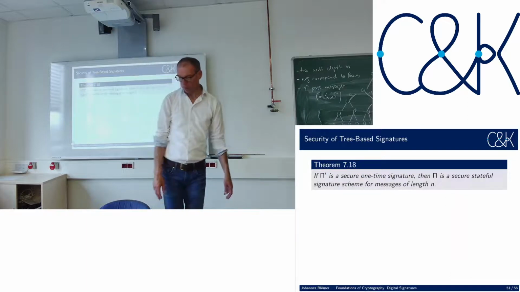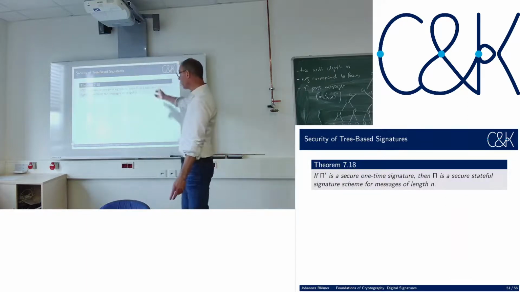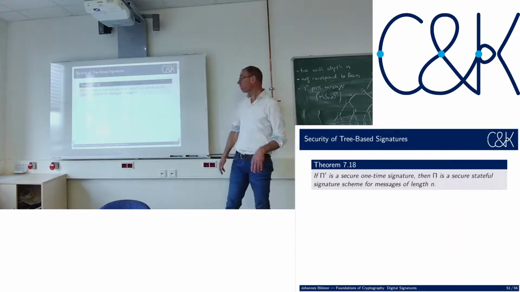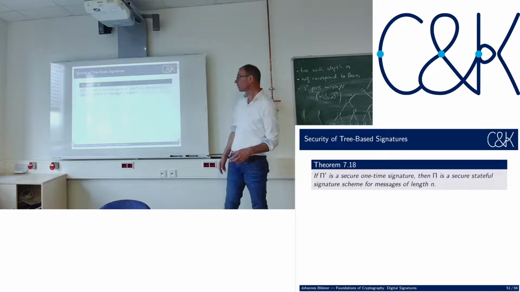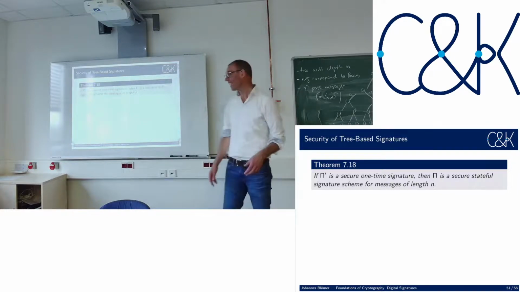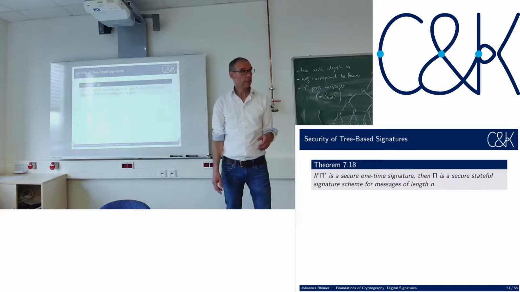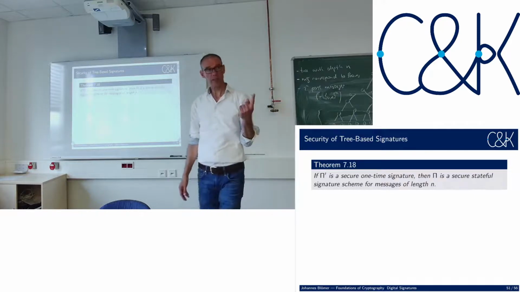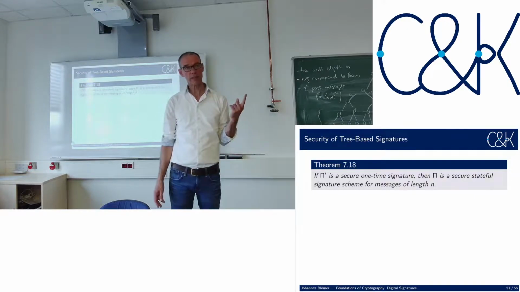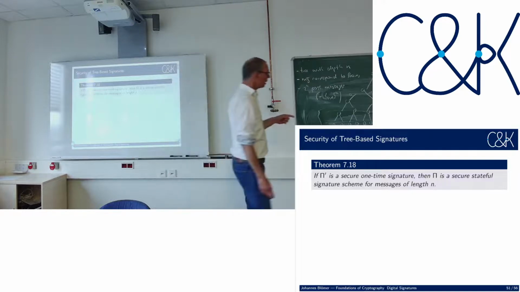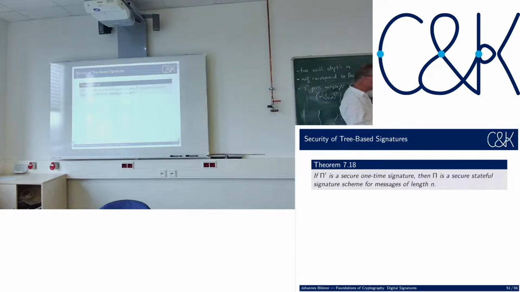Again, what I can show is if pi prime is a secure one-time signature, then pi is a secure stateful signature scheme for messages of length n. You use every secret key just once. The secret key in an interior node is just used to sign the message consisting of these two public keys.